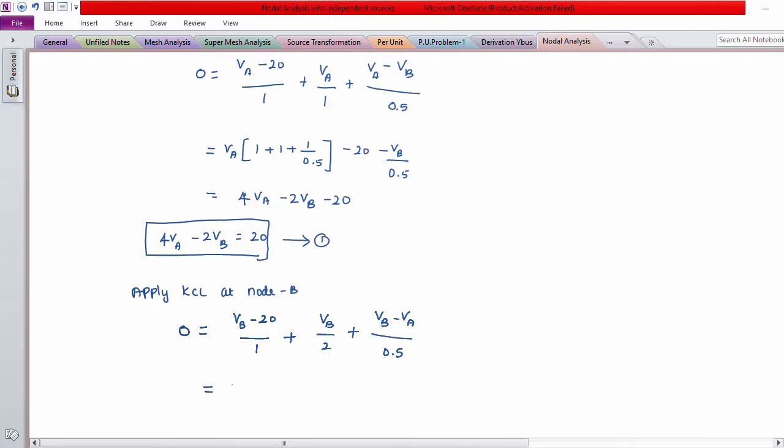Now again we can write the coefficients in terms of VA and VB, so we write minus VA by 0.5.